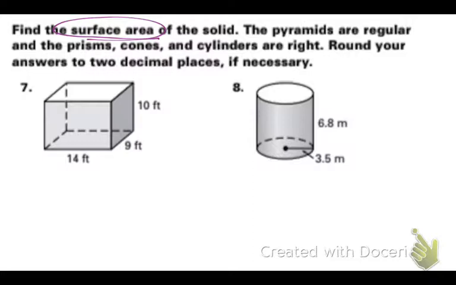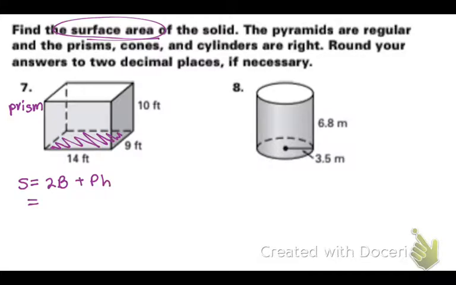So we see that number 7 here is a prism, and we can leave our base here, the one sitting on the ground. The surface area of a prism, S, is equal to 2 times the area of the base plus the perimeter times the height.